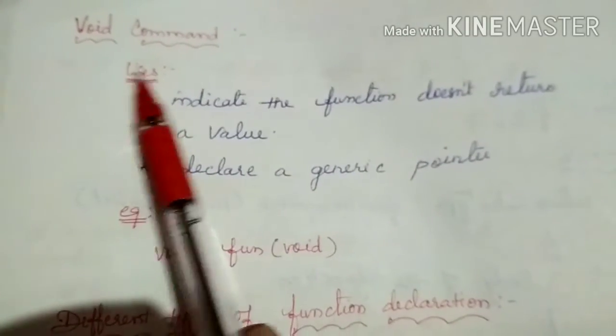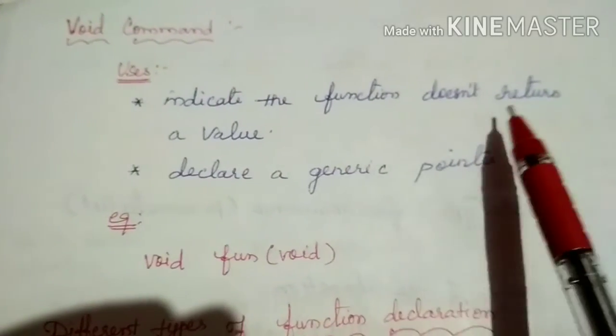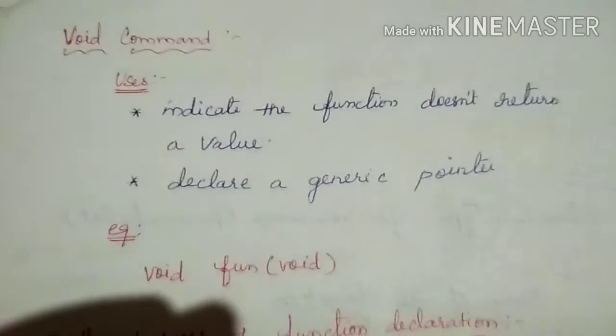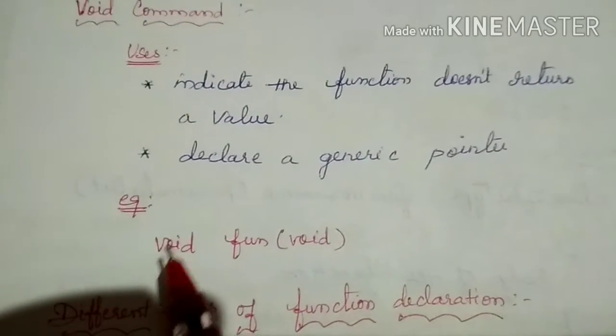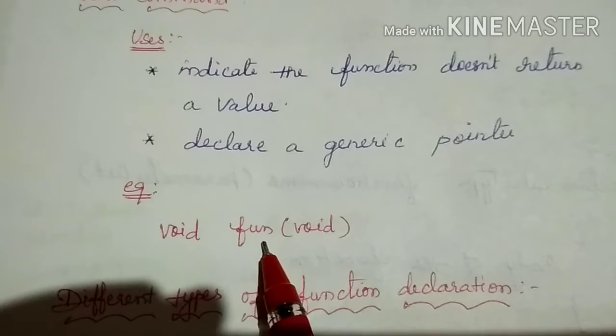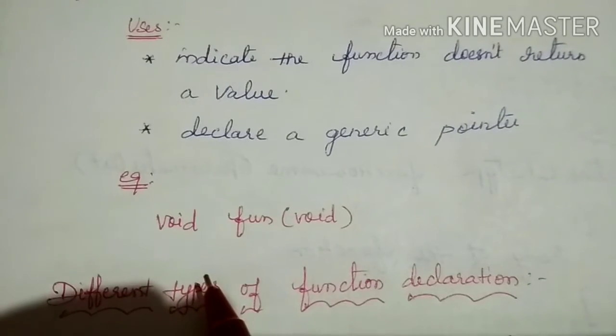The next concept is the void command, which is mainly used to indicate the function doesn't return a value and to declare a generic pointer. For example, void function name, and then the return value is void.